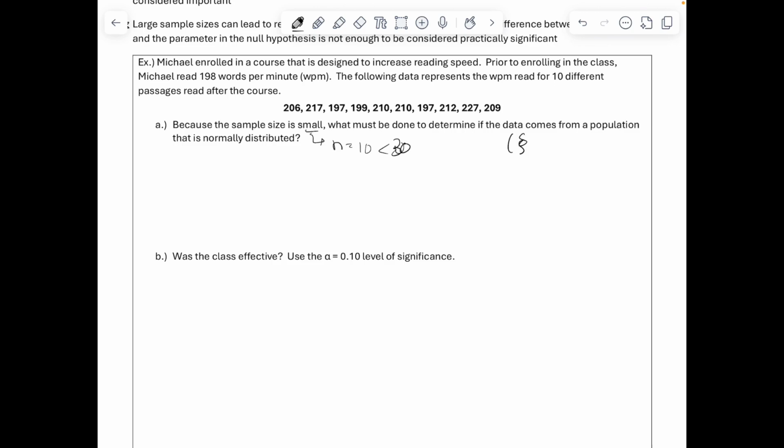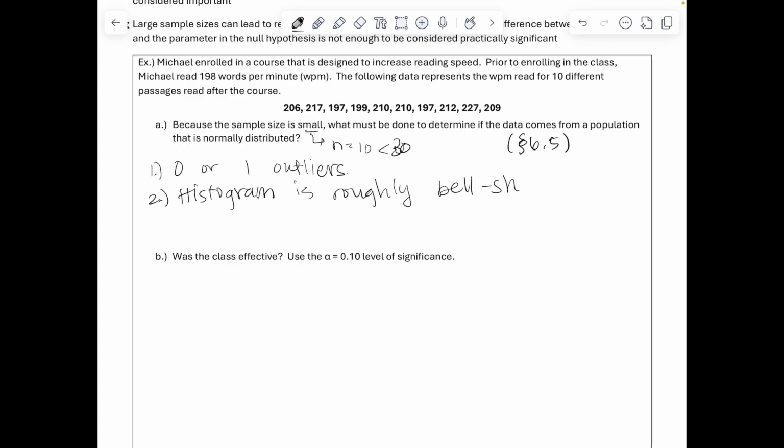And so to deal with this, we are going to look back at section 6.5 notes. And there were 3 things that we had to check. The first one is that you have either 0 or 1 outliers, no more. Second, if we made a histogram, it's going to be roughly bell-shaped.